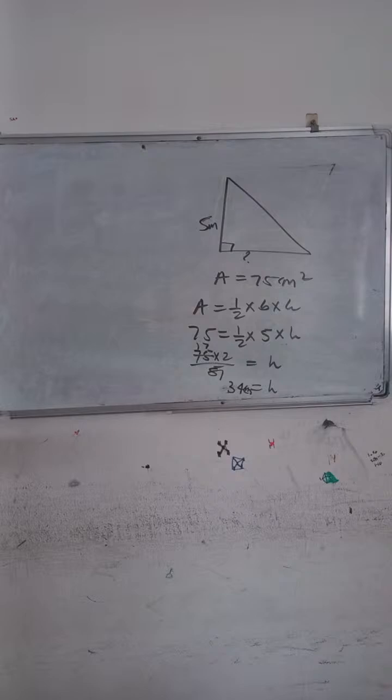So one side you can take either height or base as 5, and 1 by 2. 2 is divided, no? When you transpose to that side, it gets multiplied, and 5 is multiplied on this side. When you transpose to that side, it gets divided. Okay, getting this? And then do the calculations. Getting?